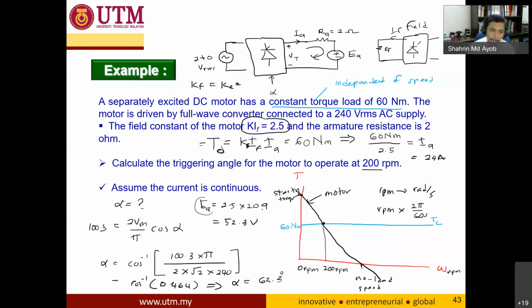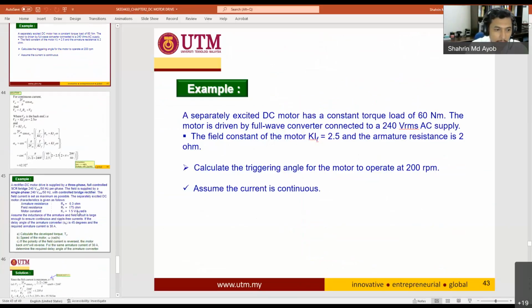Any question before we move to the second example? The second example is much tougher than the first example. If there is no question, then we can move to the second question.